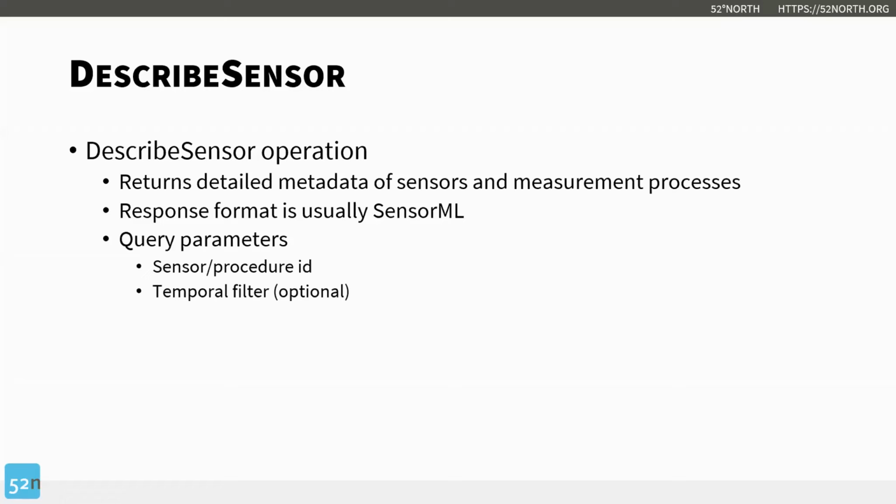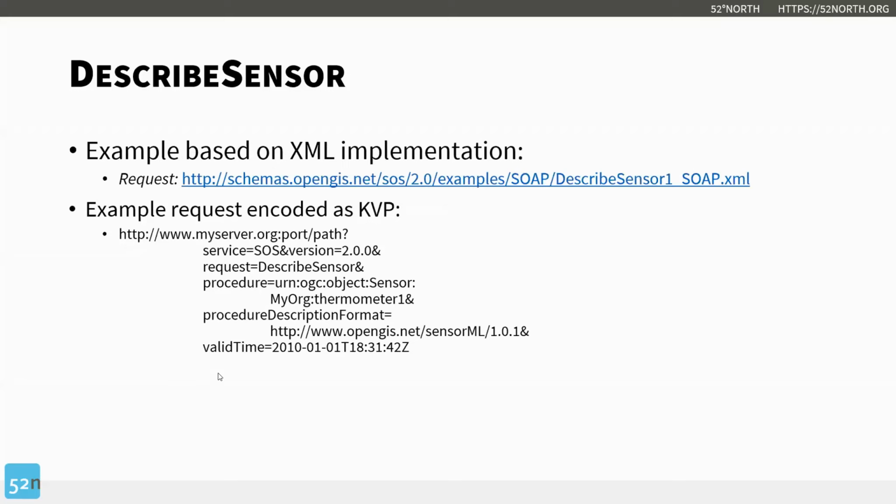Here, just a simple example of how such a request would look. Basically, you again specify the service and the version of the service specification that you're using. The request now would be DescribeSensor, and then you put in an identifier for the sensor or procedure for which you would like to get the description. And optional parameters then include information about the format in which you would like to get the information.